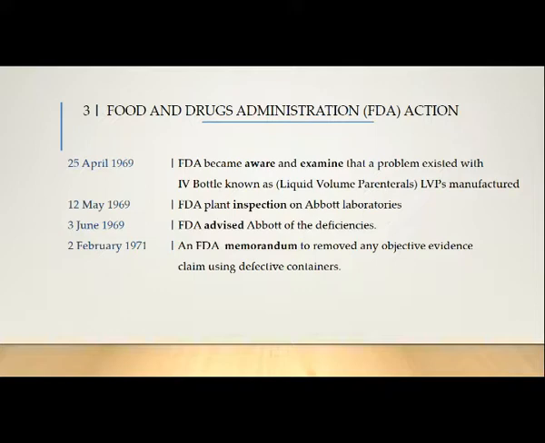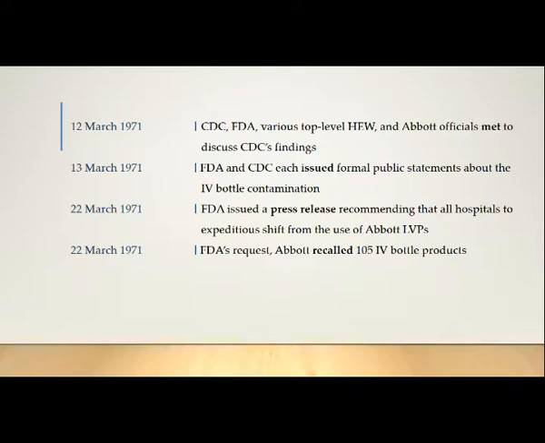Next, FDA took action on 12 March 1971, when CDC, FDA, HEW and Abbott officials met and discussed the IV contamination of the bottle. On 13 March 1971, FDA and CDC each issued a formal public statement about the IV bottle contamination.